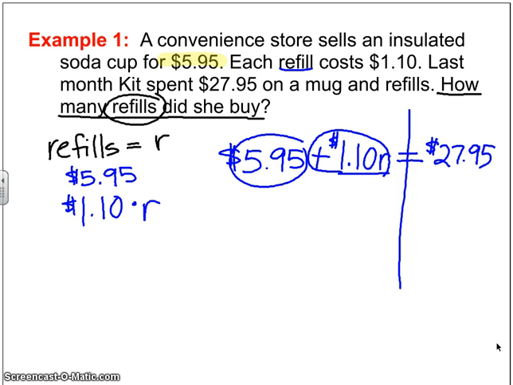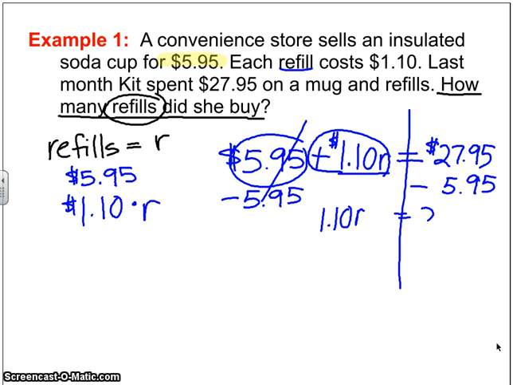So what you need to do is undo this first, subtract $5.95 from both sides. These cancel out. We're left with 1.10r equals $22.